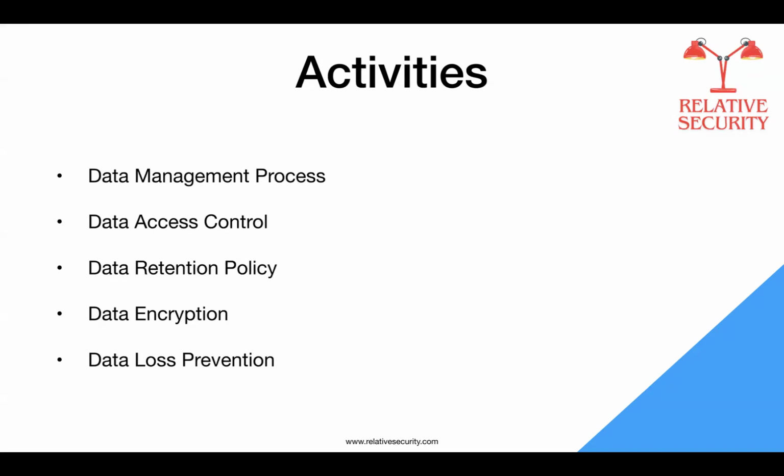So, in addition to this, all data is not equal. There are different sensitivity levels that should be defined for the data. And to determine these data sensitivity levels, enterprises must catalog key data types and assess their criticality to the organization.